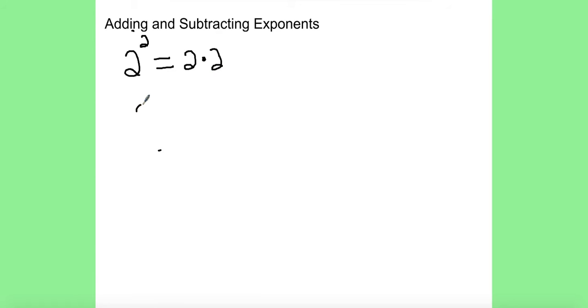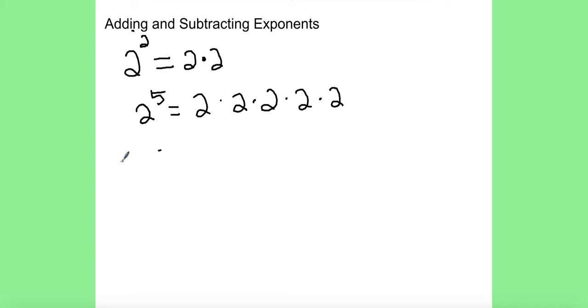Or 2 to the 5th power would be 2 times 2 times 2 times 2 times 2.